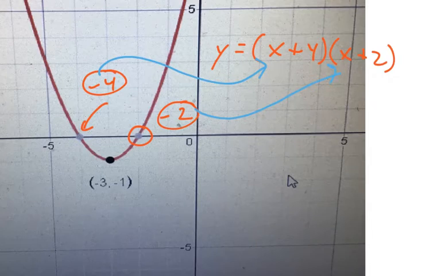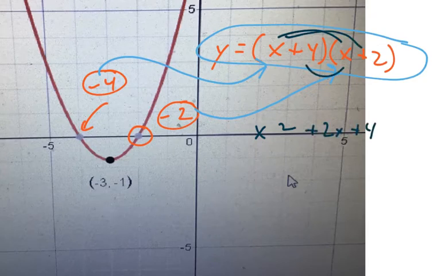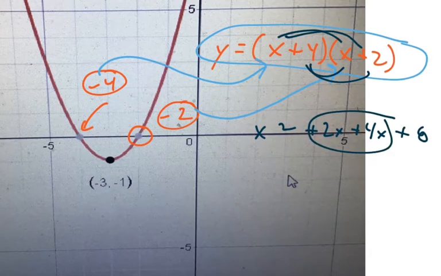Negative 2 plus 2 is 0. This would be called the factored or intercept form. Again, if they want standard form, I have to use my distributive property. Combine some like terms. So the standard form would be x squared plus 6x plus 8.